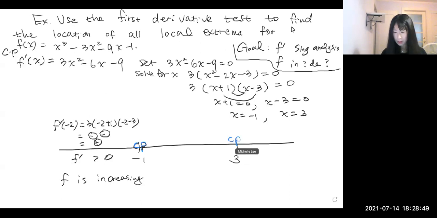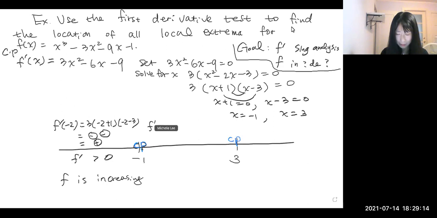This is a critical point, right? Okay, then what do you want to pick between negative 1 and 3? How about 0? 0 is always easy, right?